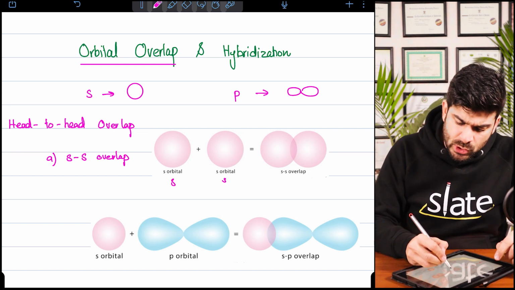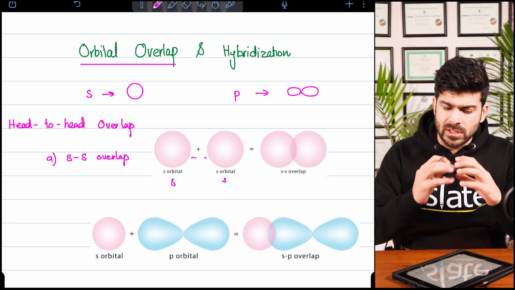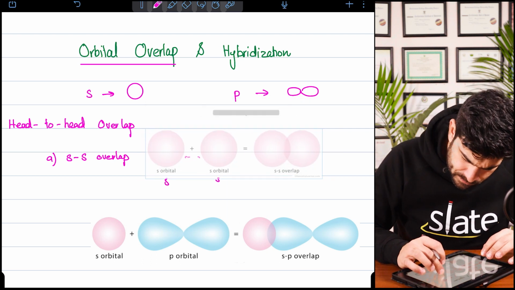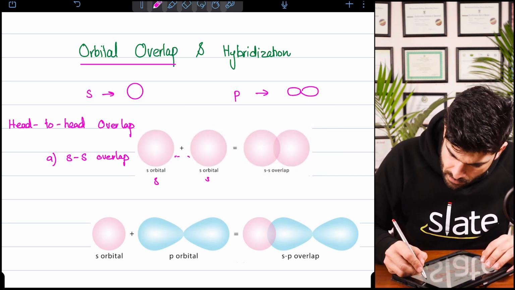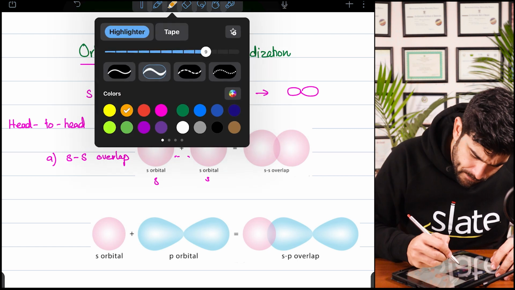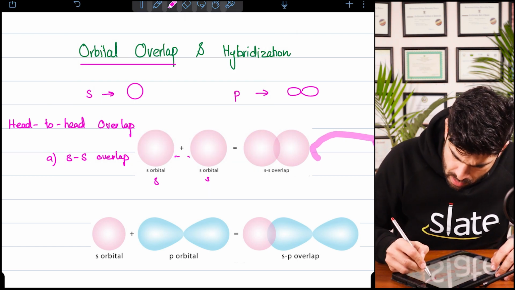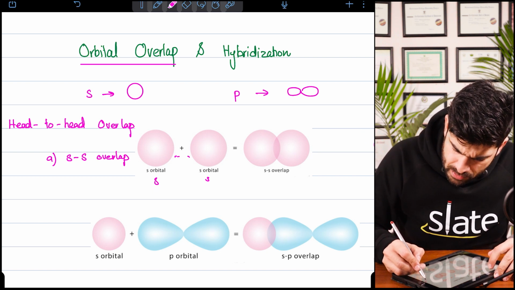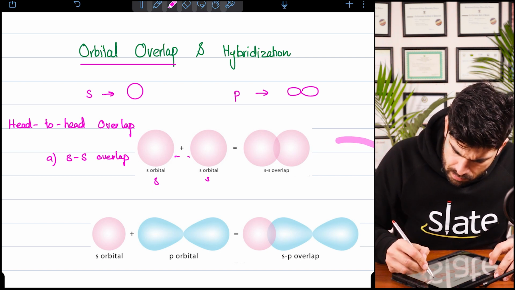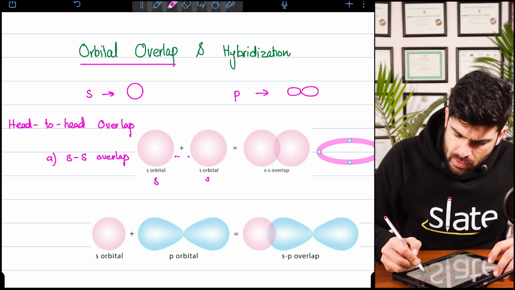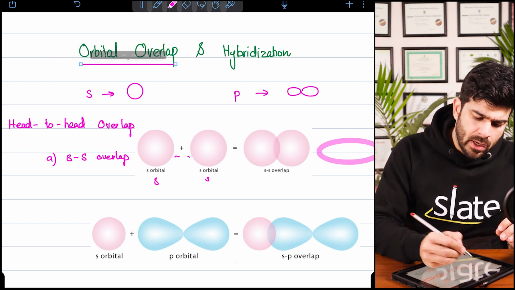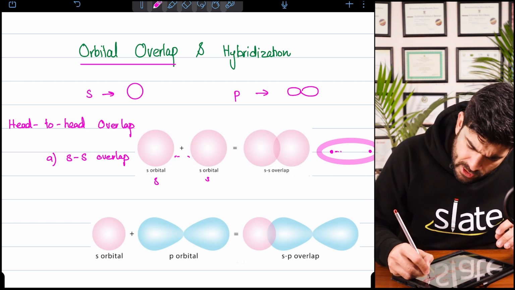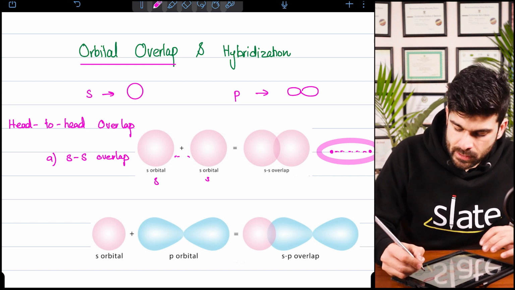You see how these two s spherical orbitals merge this way and ultimately form a shape like this, an ovular shape, where we are going to put dots, which we're going to discuss at the end.